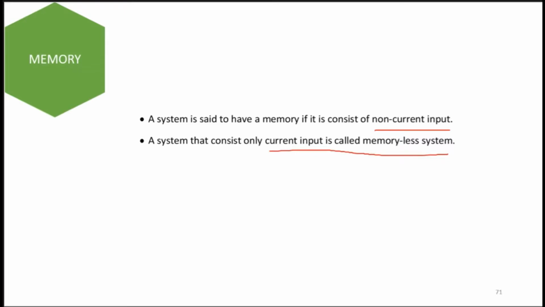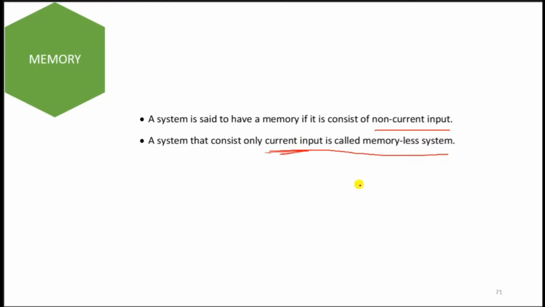Sorry, I had this backwards. So a system that has past and future inputs is a memory system, and a system that has current input only is a memoryless system.